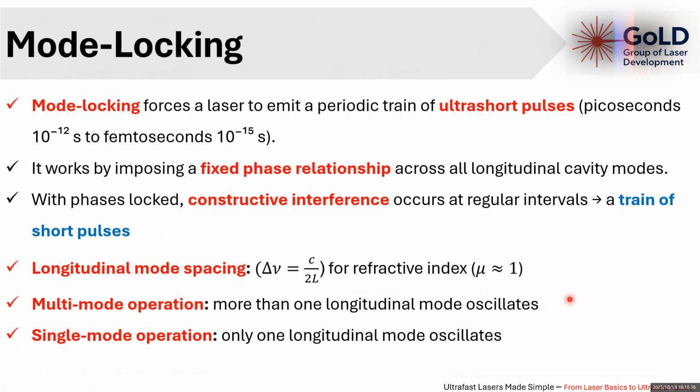On the first slide, why do we need mode locking? As I mentioned many times, to generate short pulses. The ultrashort pulse category starts from the picosecond, 10 to the minus 12 second, to the femtosecond, 10 to the minus 15 seconds.